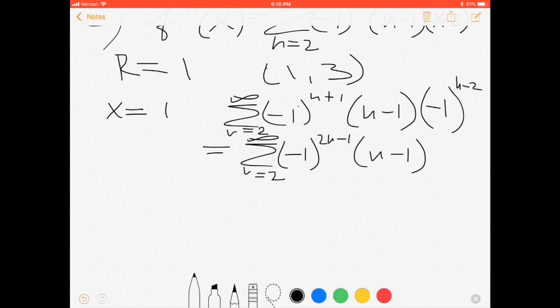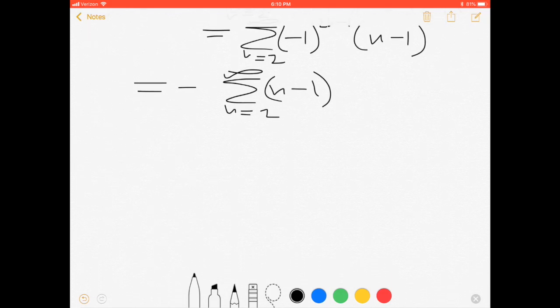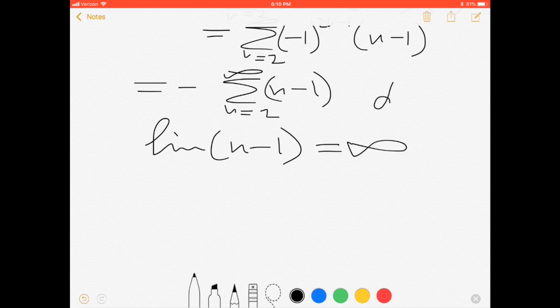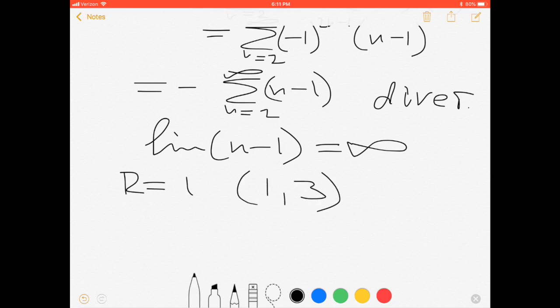But it's always negative. This means here we have minus the series of n times (n minus 1). And the term test shows us the limit of n times (n minus 1) will be infinity. It diverges. Same situation if you plug in 3. This means here we have R equal 1, and the interval of convergence is 1 to 3.